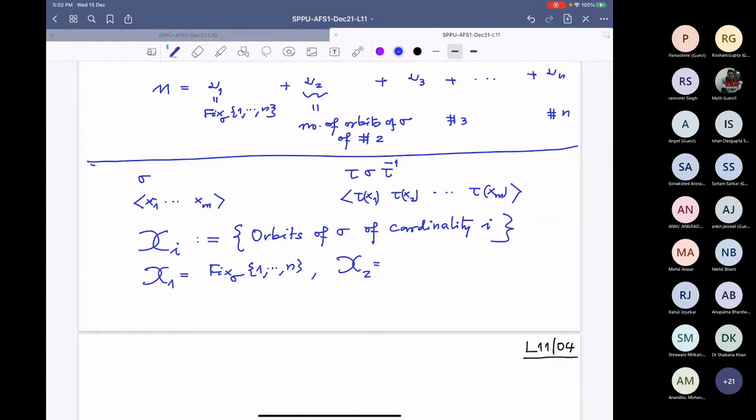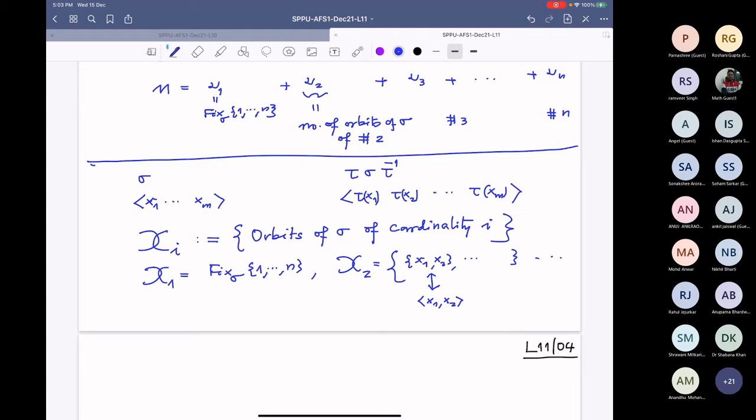So they will look like this. This set will look like x1, x2, and some more. And how do you write this in the cycle decomposition? Writing x1, x2. Similarly the others. So the notation is clear. And what we observe is, if I make a conjugation, a cycle will become a cycle.